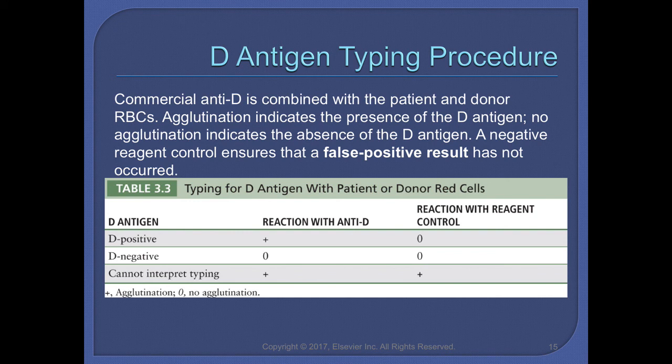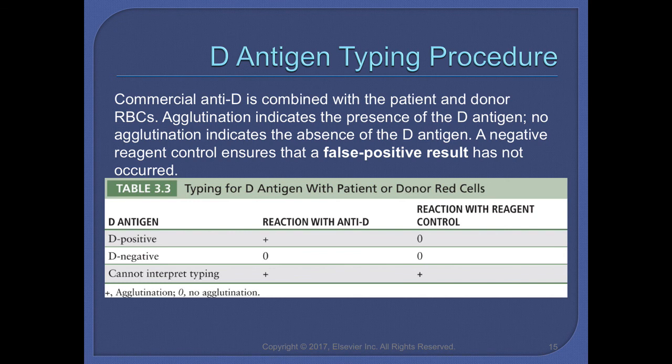It can be fatal. So this table right here gives us an example of typing for the D antigen with patient or donor red blood cells. If the D antigen is there, or if it is D positive, you will have a positive reaction with anti-D, and your control should be negative.